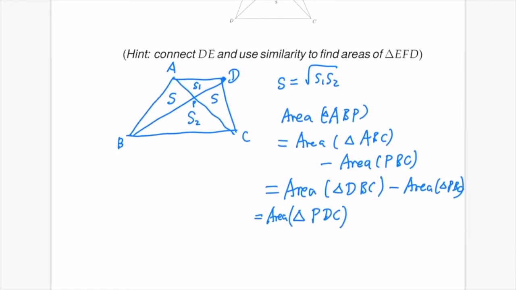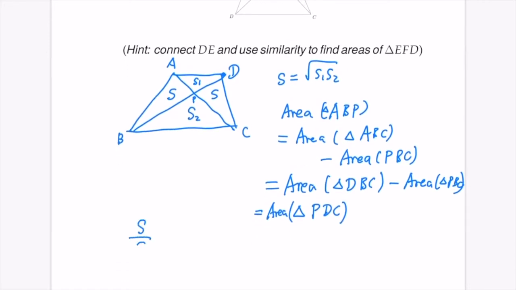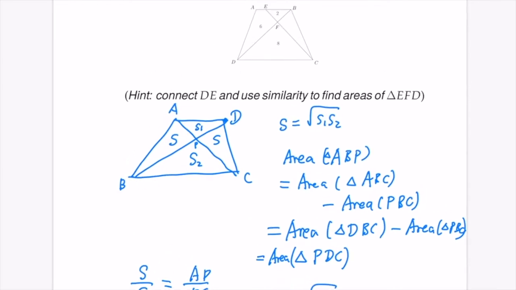We also have that S divided by S2 is AP over PC, while S1 divided by S is also AP over PC. So if we equalize this, we get S equal to the square root of S1 S2.